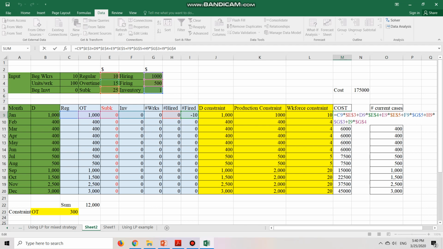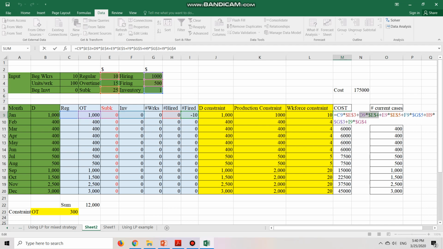That is equal to the first one, the regular production cost, which is C9, the quantity produced by regular production, multiplied by the cost of $10, which is E3. And the second one is the overtime cost.